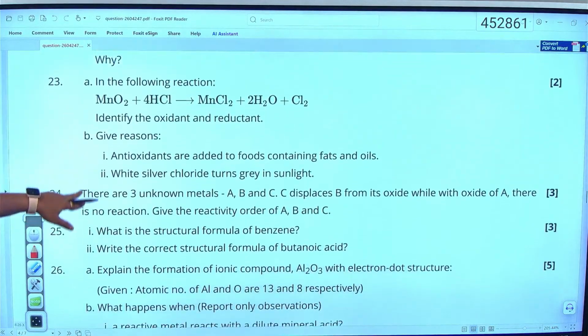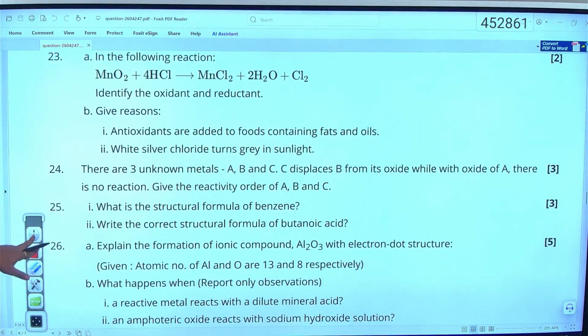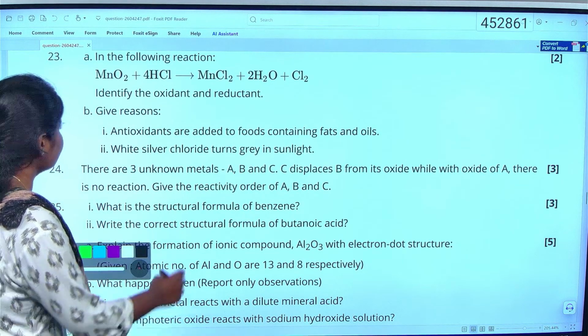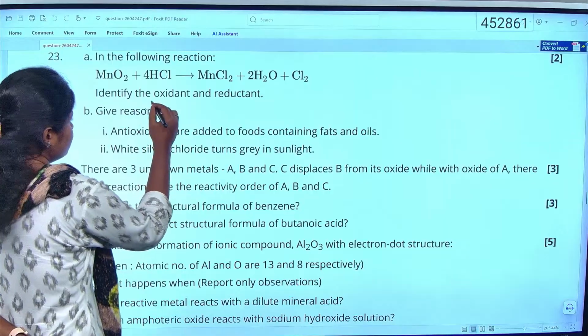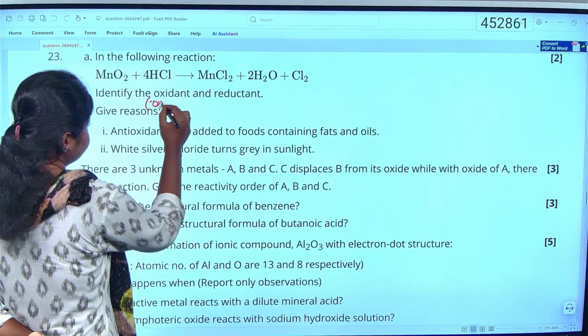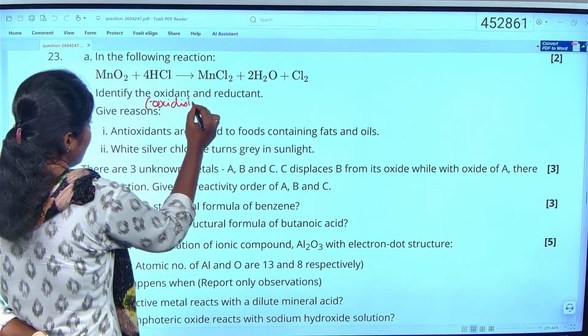Identify the oxidant and reductant. What is oxidant, what is reductant? Oxidizing agent and reducing agent, that is what they have mentioned here as oxidant and reductant. So this is the oxidizing agent.